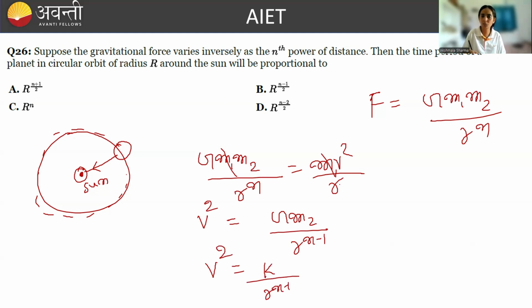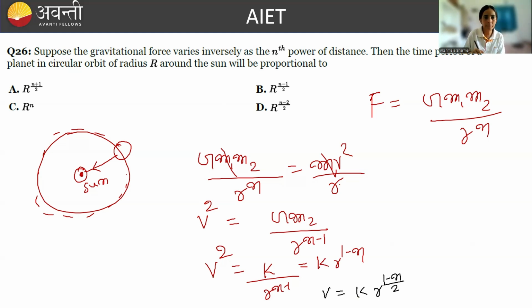If you bring this square to this side, it will become half. So let's write k into r to the power 1 minus n, if I'm bringing r to the numerator, and then v will look like v equal to k r to the power 1 minus n divided by 2. Okay, done.